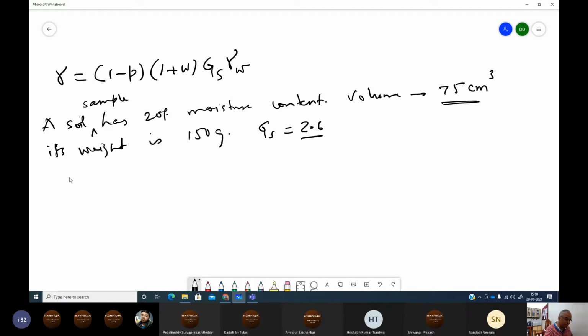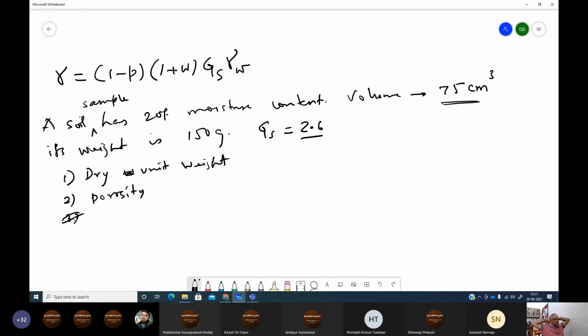Now you have to determine number one, dry unit weight. Number two, you have to find out porosity. These two you do. So everybody understood the problem?